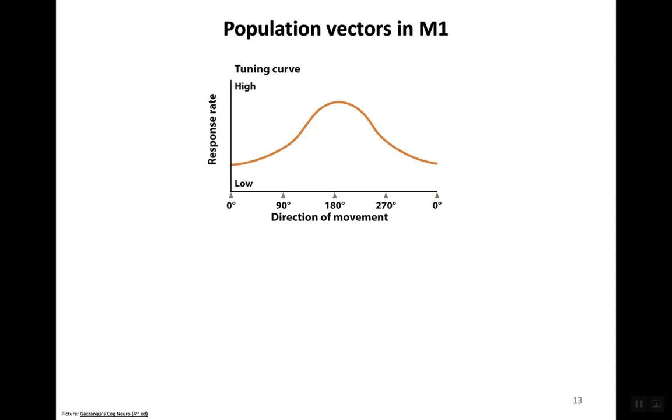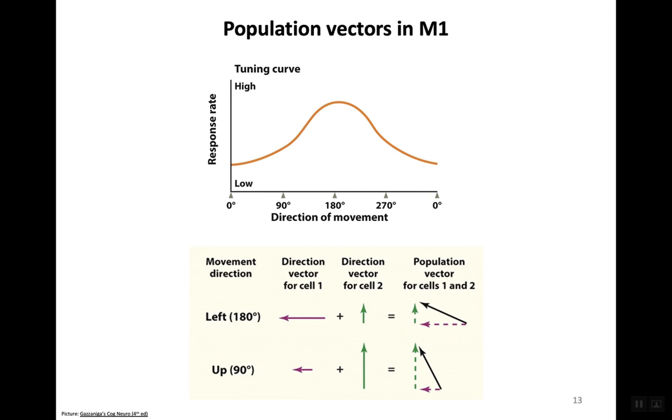However, there is only a small decrement in firing rate when the direction of movement changes a bit. In reality, a neuron is almost silent only when the direction of movement is orthogonal or in the completely opposite direction.